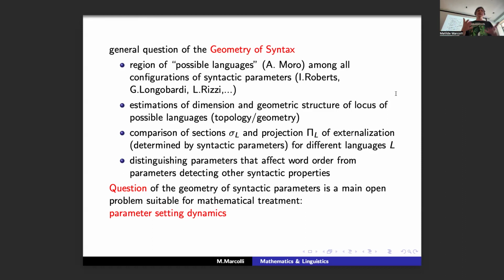So I think part of what needs to be done is to move from this perspective of trying to find a large space of binary coordinates in which to describe the locus of actual syntactic variation across languages, to something like an intrinsic description of this as a manifold, not as an embedded manifold. And that would give a much better description of the externalization.